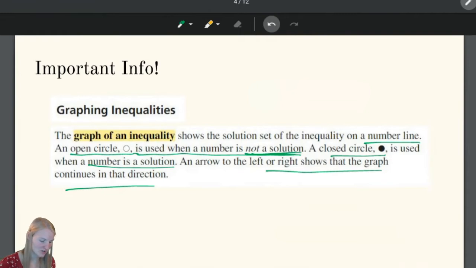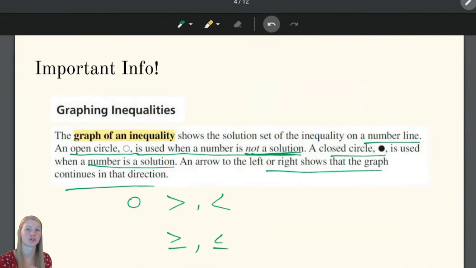What this means is that when you have less than or greater than, you're going to use an open circle. But if you have greater than or equal to or less than or equal to, it's the "or equal to" that makes this a closed circle.